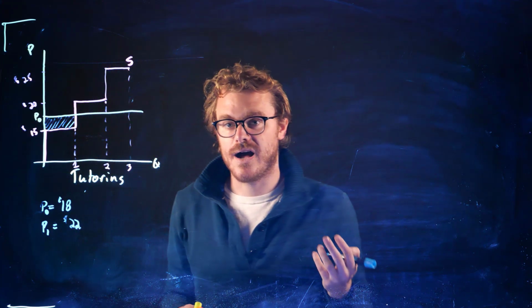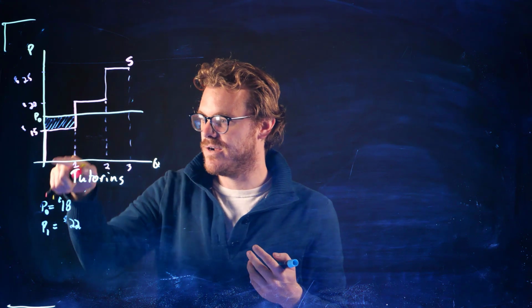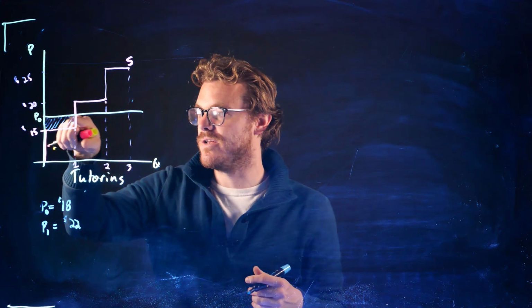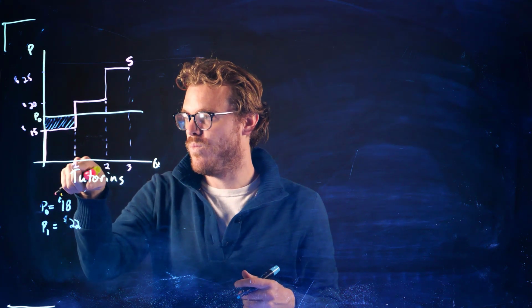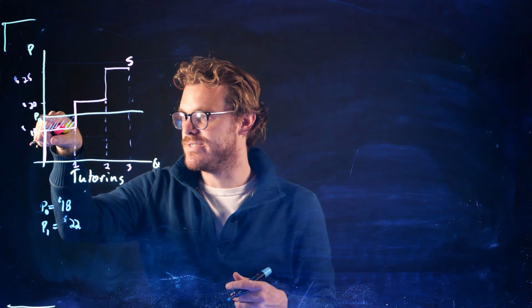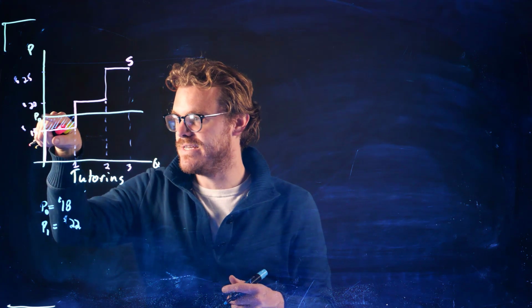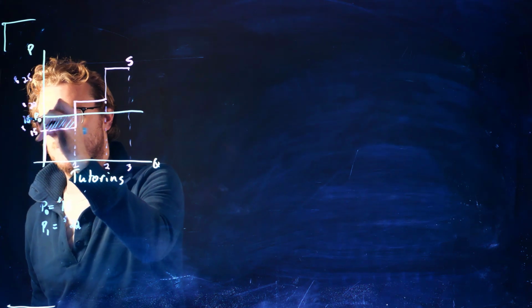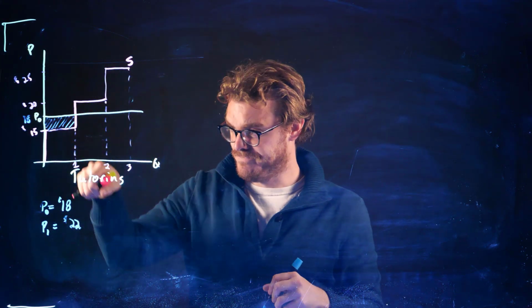And again, if we wanted to calculate the area here, you could just do the formula for the area of a rectangle. So this is going to be 1 times 3, because the difference between 18 and 15 is 3. So the area there is 3.